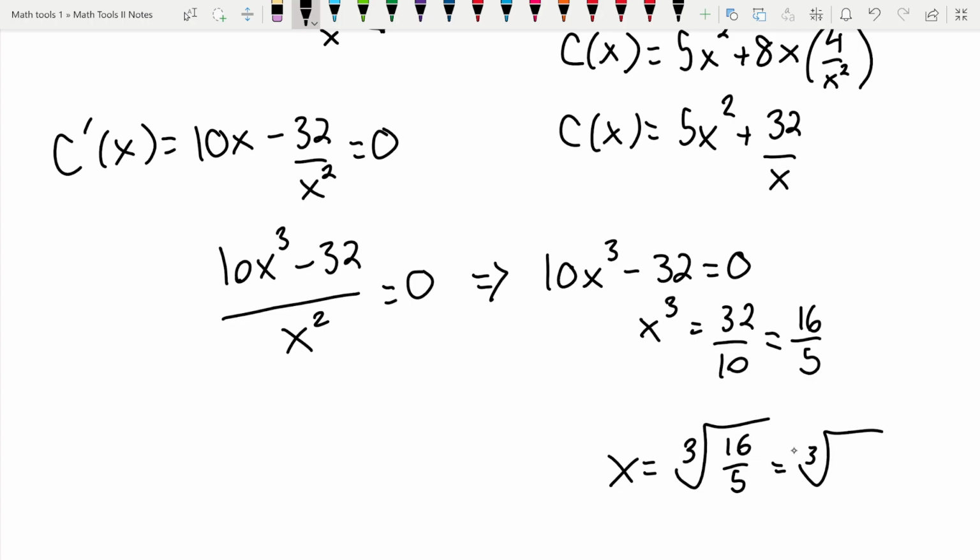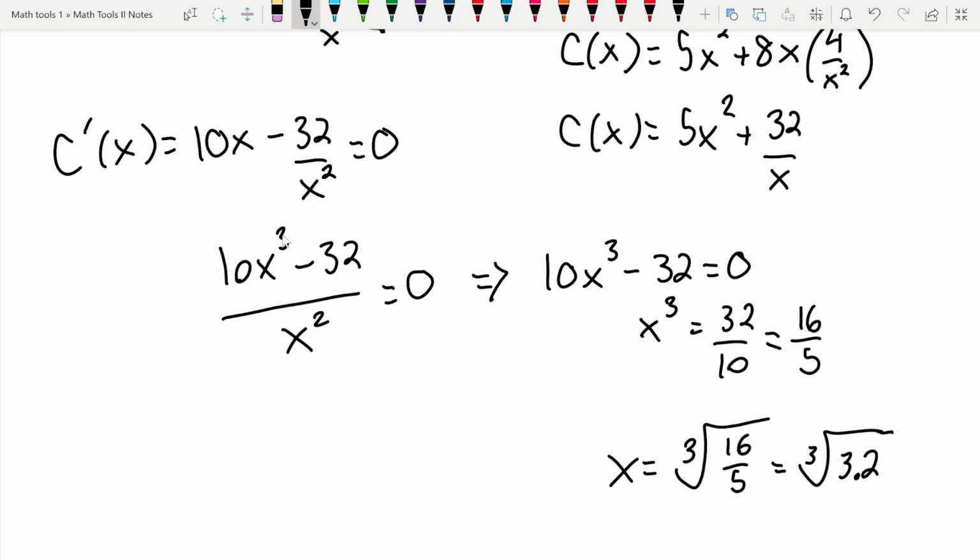16 fifths is, what is that, 3.2? Is that right? So cube root of 3.2. So I'll just leave it as an exact answer here, but you would just go ahead and throw that in your calculator to get an approximate answer. It should be a little bit more than 1.